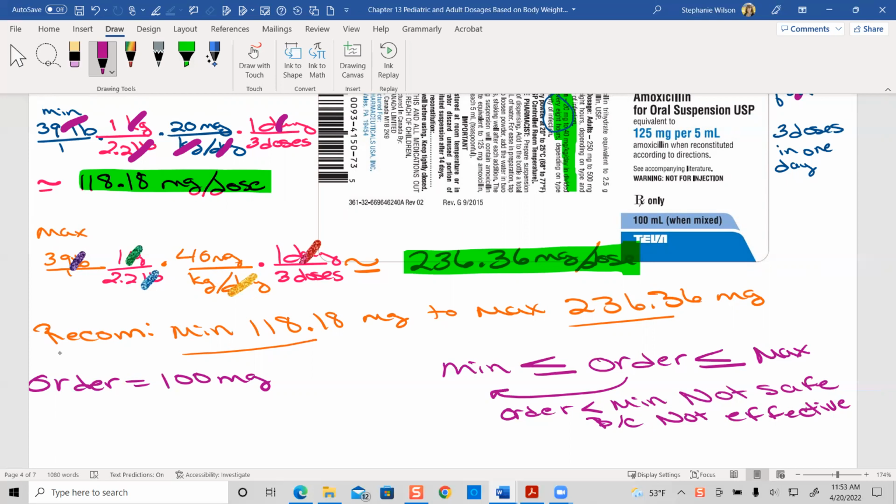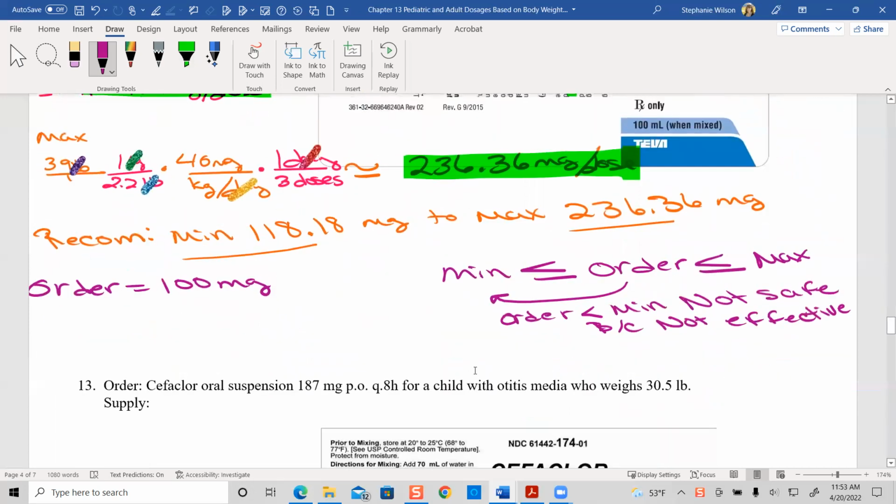It's not safe. The drug itself is not hurting them, but it's not helping them, so it's not safe. The maximum amount, if the order is greater than the maximum amount, then it's not safe because they're taking too much medicine.